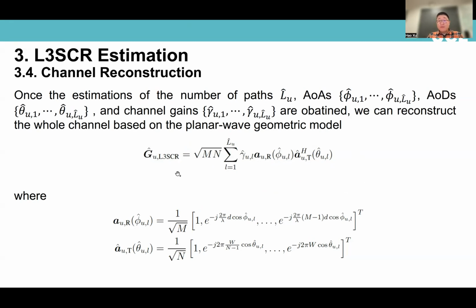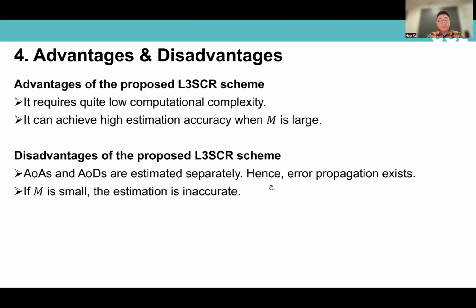So we can obtain the estimation of GU. This is the L3 SCR scheme we proposed for channel estimation for the RIS assisted system. This scheme has some advantages and disadvantages.